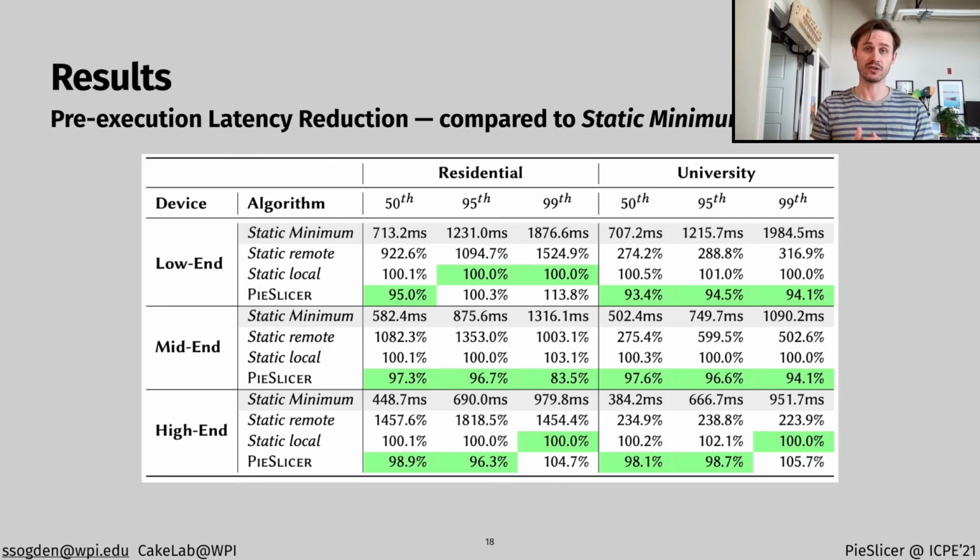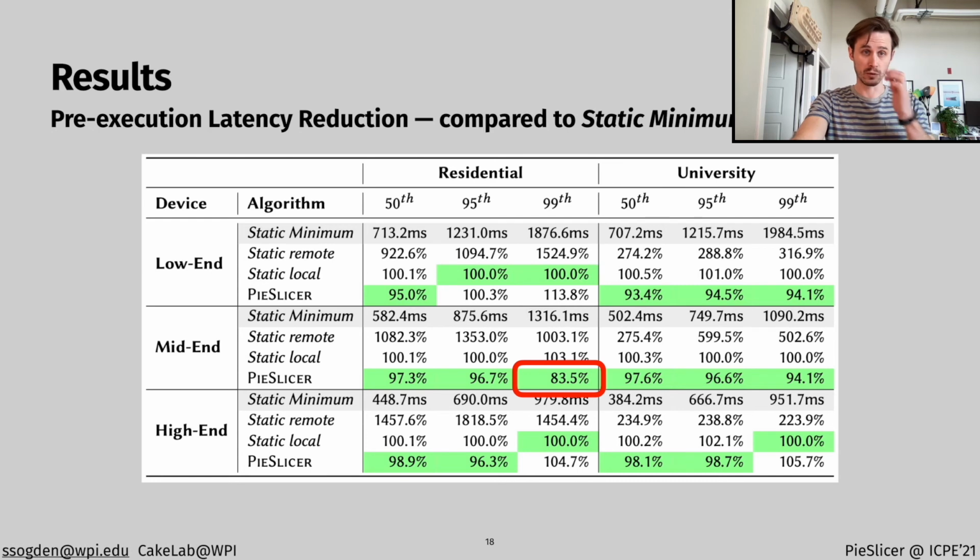So what does this mean in terms of latency reduction? We see that PieSlicer outperforms our baseline in 14 out of 18 measured points, ranging across all models and all devices and networks. 2 points stand out in particular. First, at the 99th percentile on a residential network on a mid-end phone, we see the largest percentile improvement, a 16.5% reduction over the static minimum baseline.